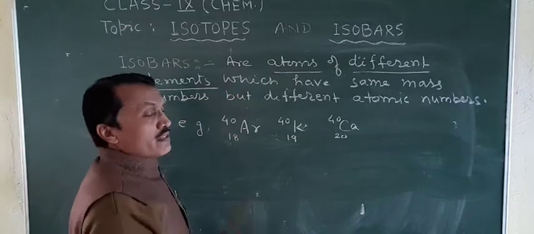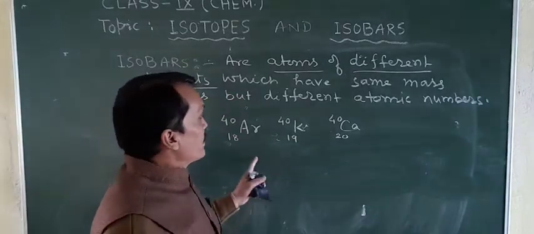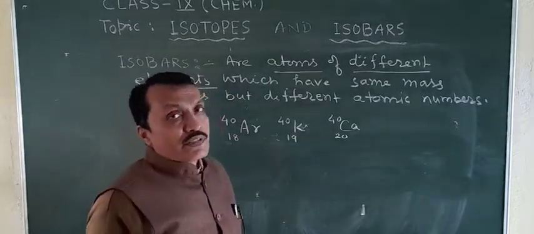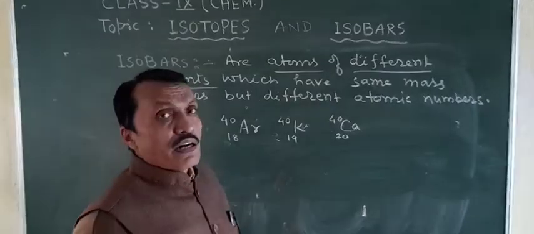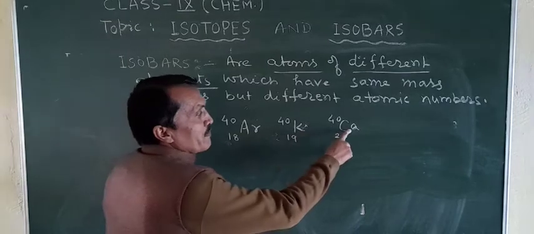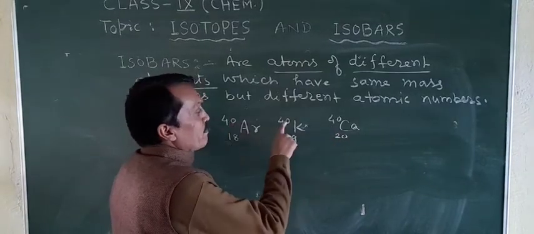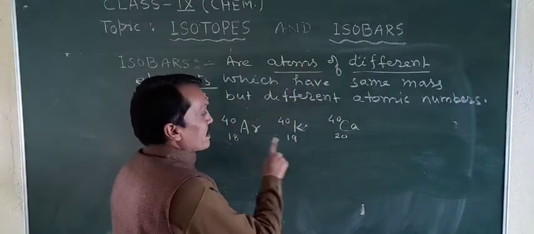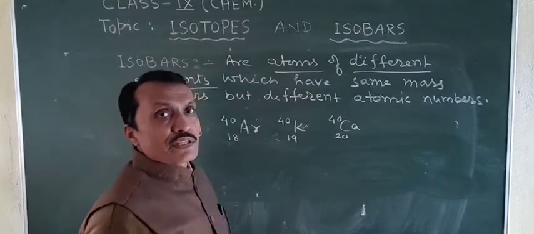So what is the relationship between all these three? Certainly they are isobars because they are atoms of different elements having the same mass numbers but different atomic numbers.